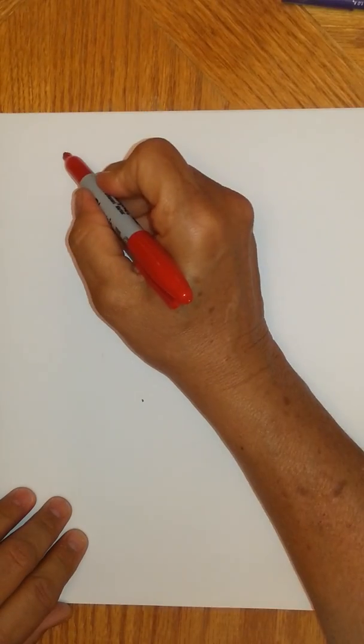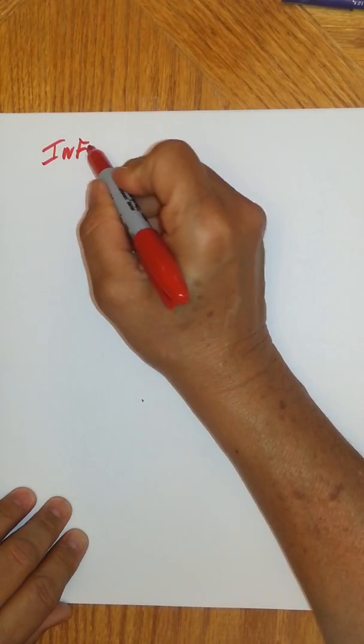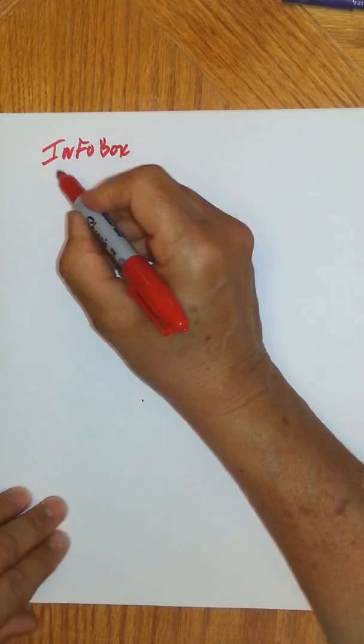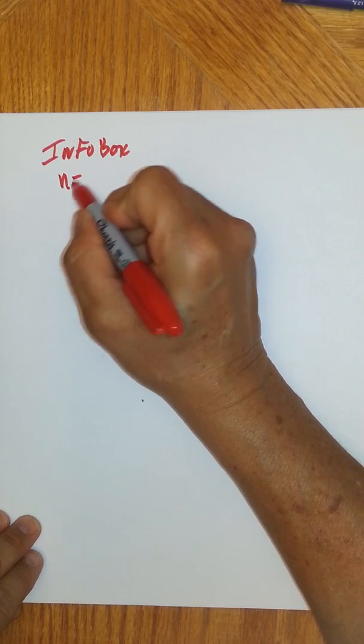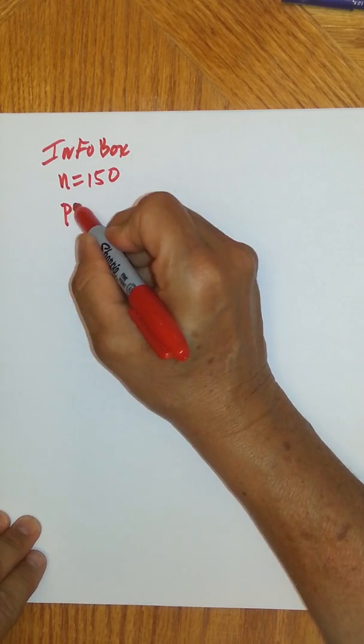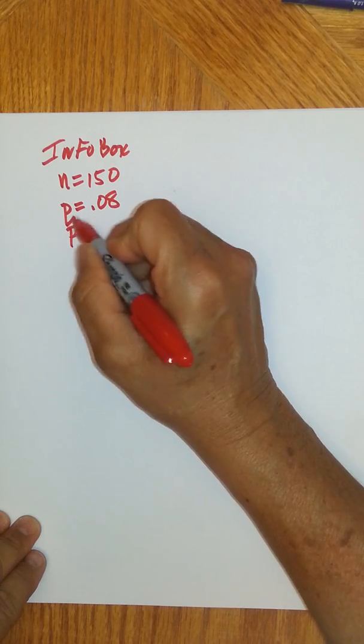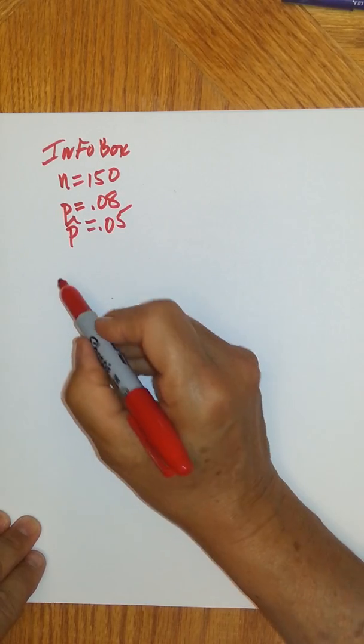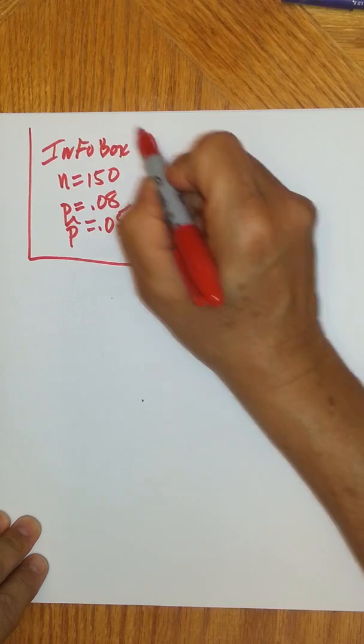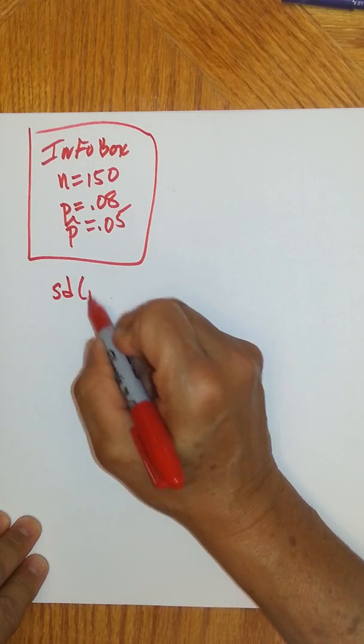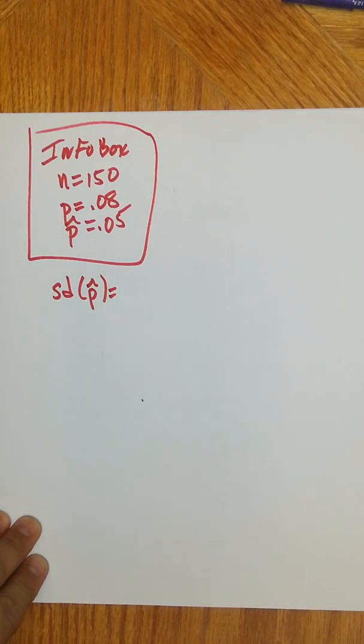All right, so my info box, I have N is 150, P is 0.08, and P hat is 0.05. So let's go ahead and calculate the standard deviation of the distribution for the samples.